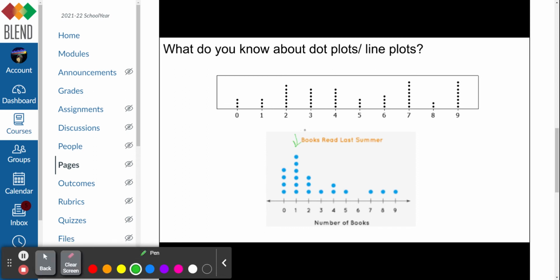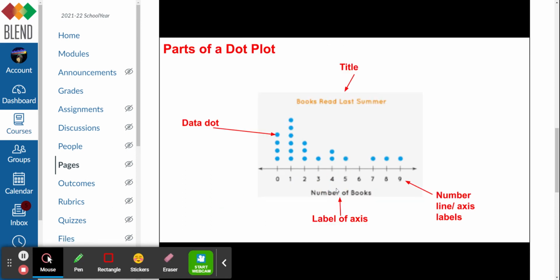Well, we go and we look at the 1, and that's 1, 2, 3, 4, 5, 6. 6 people read 1 book, and then we combine these 3 to find out how many read 7, 8, and 9, and that's 3. And then if we wanted to find the difference, 6 minus 3 is 3. So 3 more people read 1 book than the people that read 7 books, 8 books, and 9 books put together. All right? So that's about as complicated as it gets.